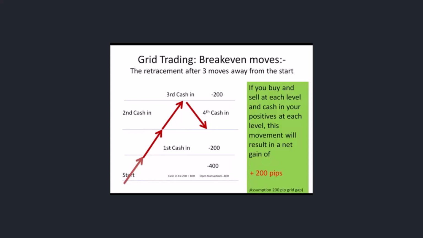But you would have a buy that's open here that's negative at 200. You would have a sell here that's open at negative 200, and your sell here, which is now 2 levels away from where the price is now, would be negative 400. And if you add the open transactions up, that works out to 800. If you add up the cash-ins, that works out to 800, and you have your break-even situation.